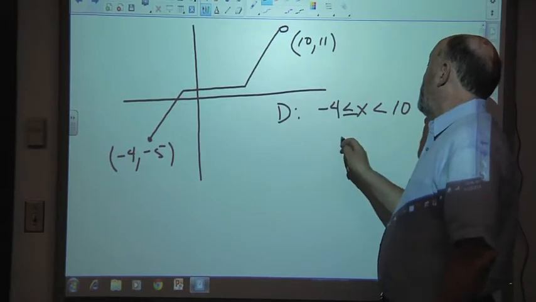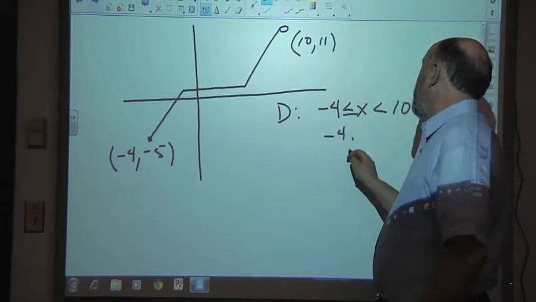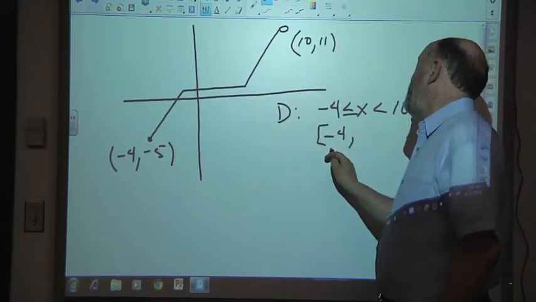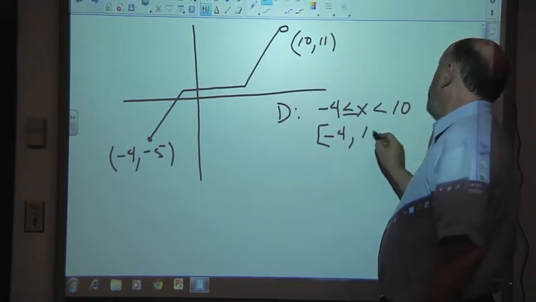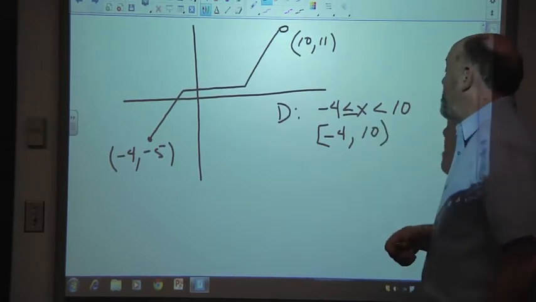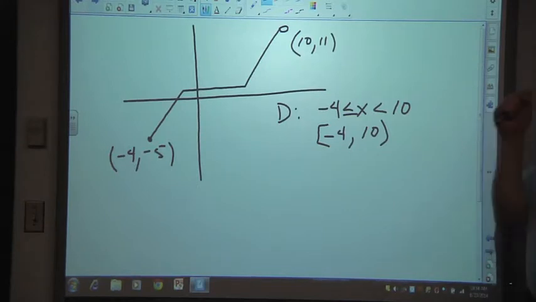The other way I could write this is with a closed bracket at -4, which means it includes the number, and then a parenthesis at 10, which means it just goes up to 10, but not including 10.